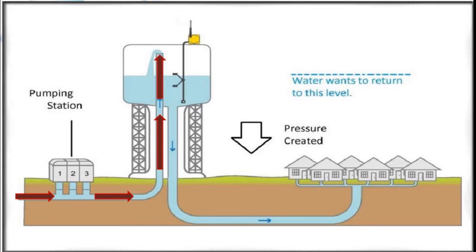Okay, and it moves downwards because of its property. Water always travels from high level to low level. See here, then it is distributed through the pipelines to the different houses. Got this, students?